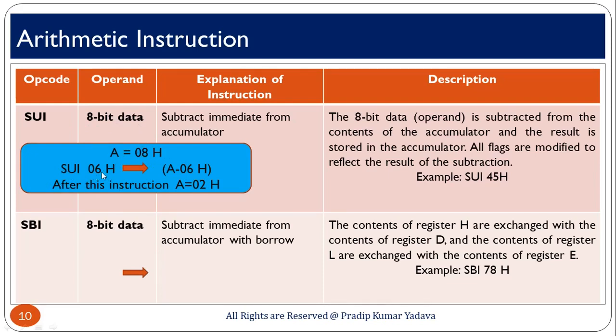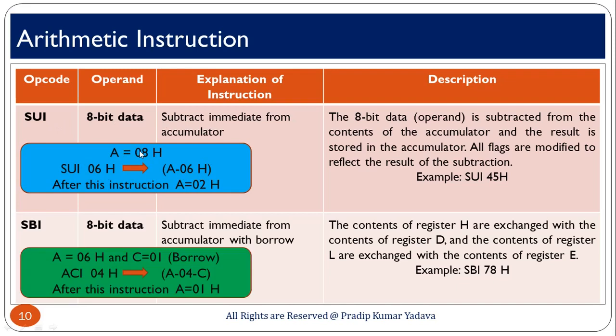After writing SUI 06, A minus 06 means we are subtracting 8-bit data directly. Here we are subtracting 8-bit data and also borrow, so A minus data minus C. Here we can see A minus 04 minus C. So, basically this instruction is the opposite of ADI and this is SEI, the opposite of ACI.